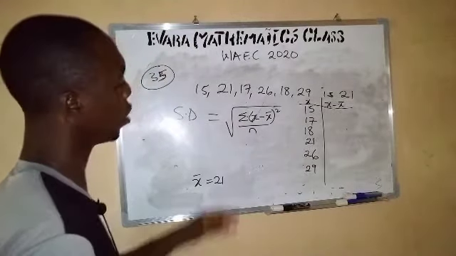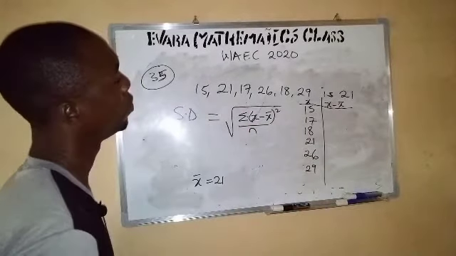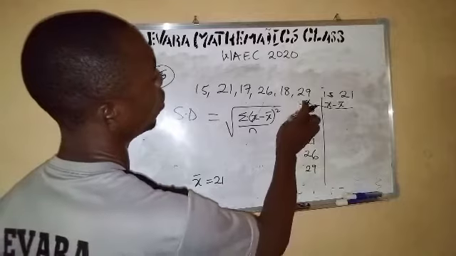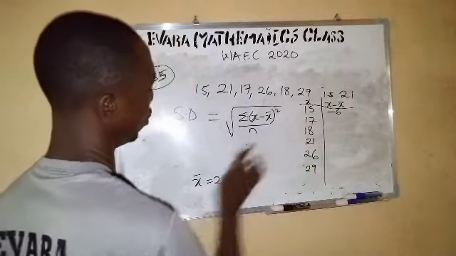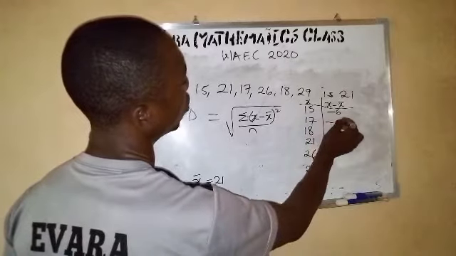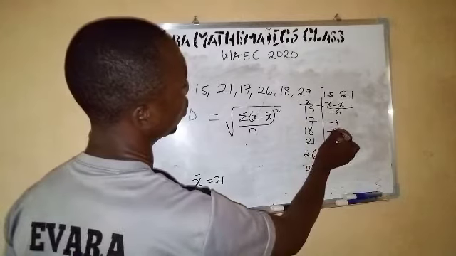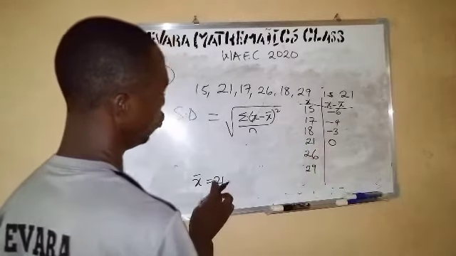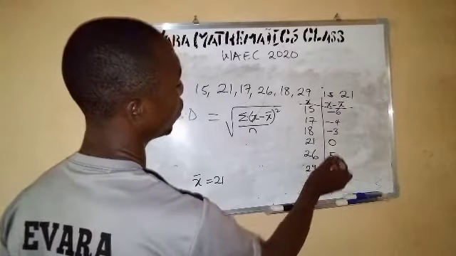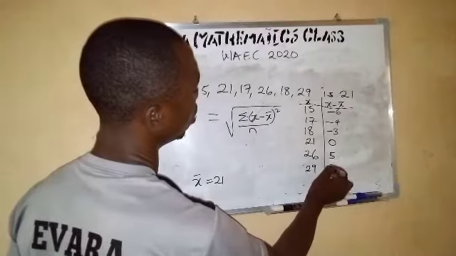We'll be subtracting this 21 from each of these values of x. Now, 15 minus 21, that is minus 6. 17 minus 21, minus 4. 18 minus 21, minus 3. 21 minus 21, 0. 26 minus 21 is 5. Then 29 minus 21 is 8.